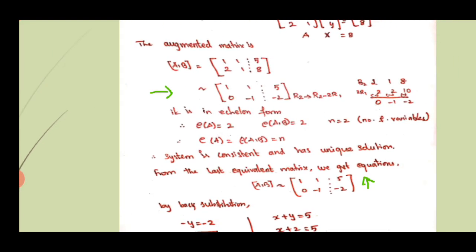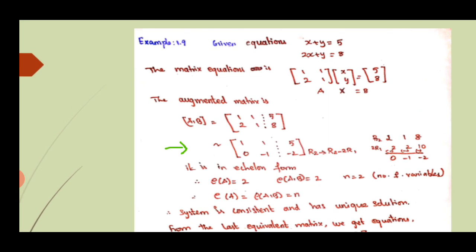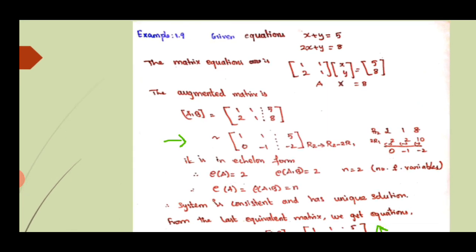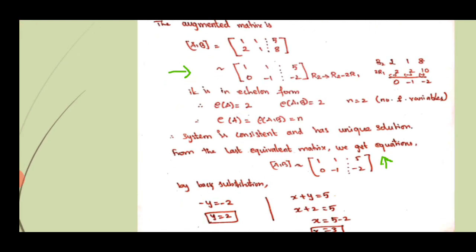So I'm going to take the transformation R2 goes to R2 minus 2R1. The R2 entries are 2, 1, 8, and 2R1 means multiply the first row by 2: 2 into 1 is 2, 2 into 1 is 2, 2 into 5 is 10. And I'm giving the minus symbol, so after subtraction we get 0, minus 1 and minus 2. Take it and fill it in the second row; that is our new second row.